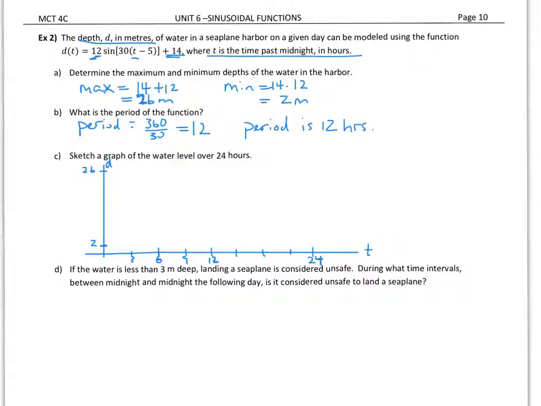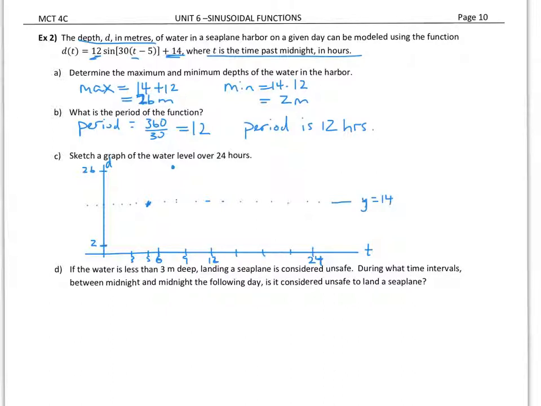Sine normally starts on the axis of the curve, which would be at the 14. So let that be y equals 14, sort of halfway between my max and my min. And I'm going to slide everything over by 5 units. So normally I'd be on the y-axis on the axis of the curve, but instead I'm over by 5 units. So this would be where 5 is, and I'm going to head up from there. So my max should happen at 8.